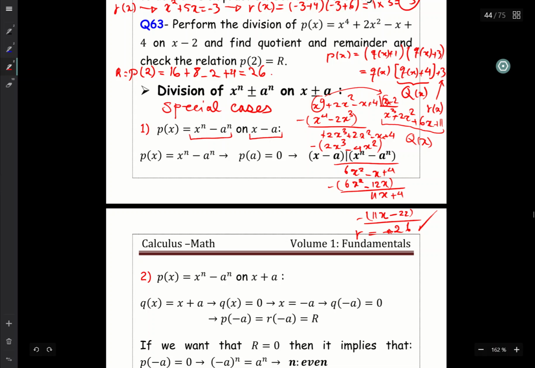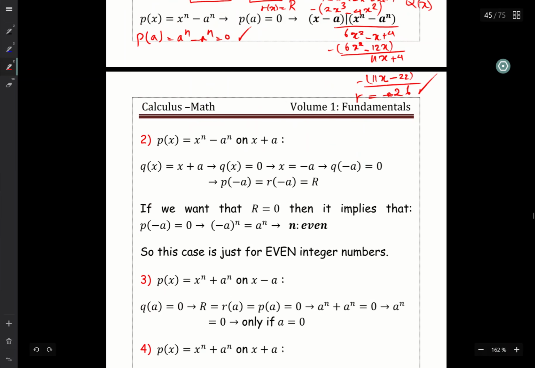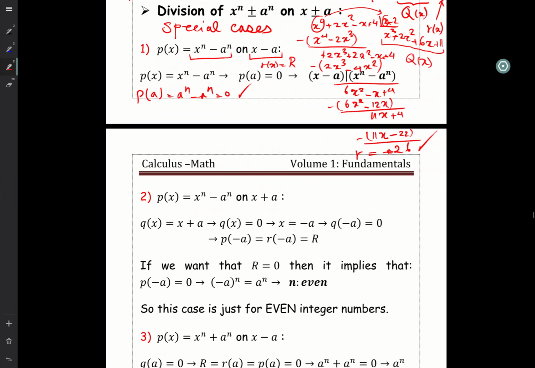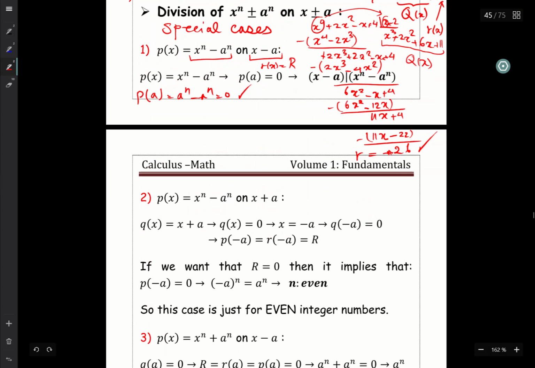So x minus a divides x to the n minus a to the n, because if I evaluate p of x at x equals a, it is a to the n minus a to the n, 0. And remember, the remainder here should be a real number, a polynomial of degree 0, right? So x minus a divides x to the n minus a to the n for any n, doesn't matter.